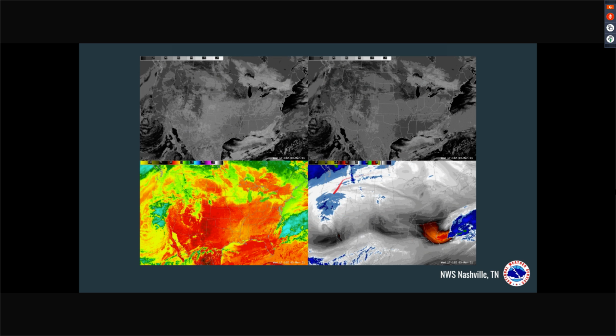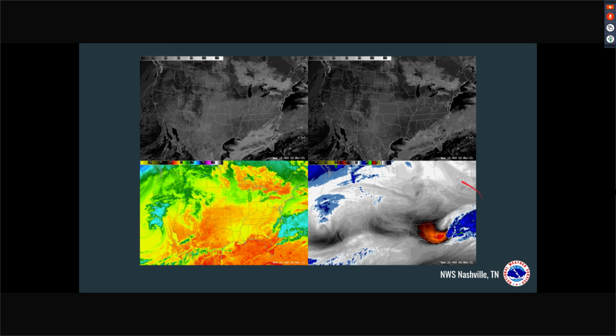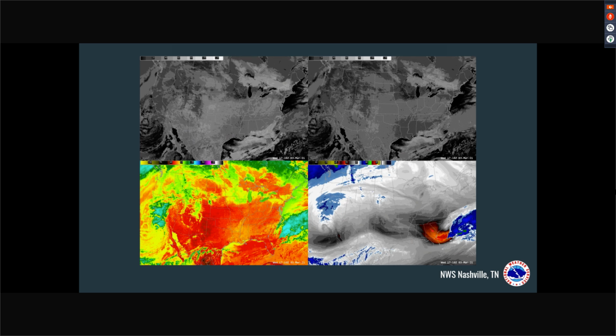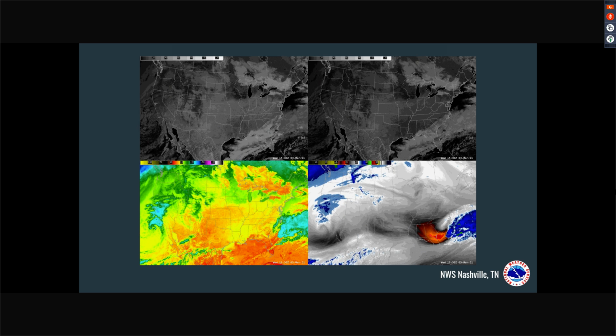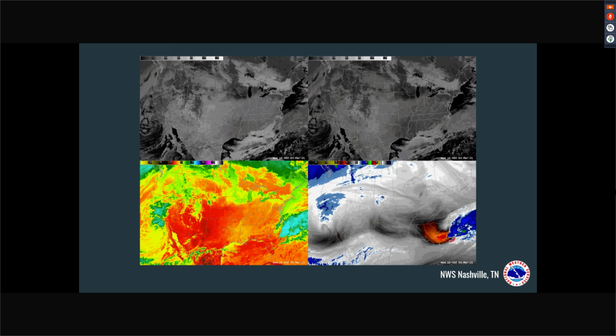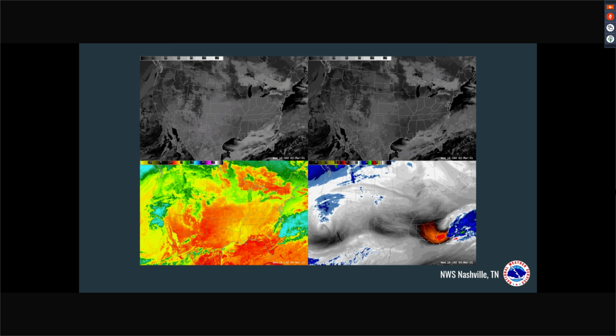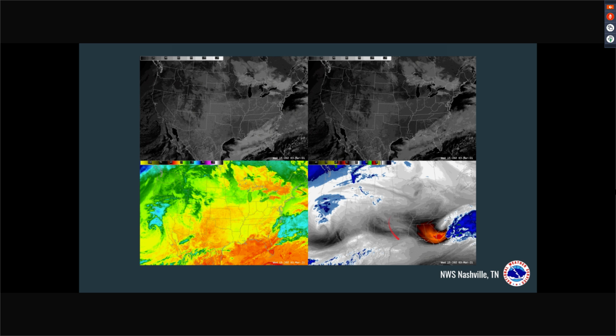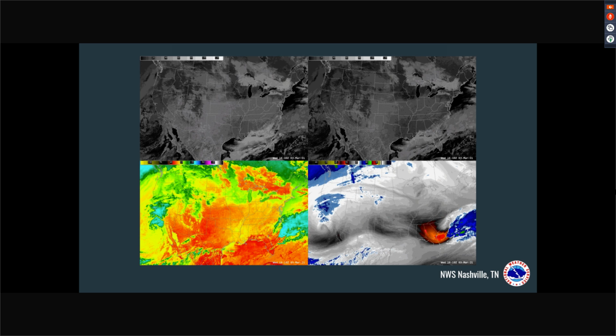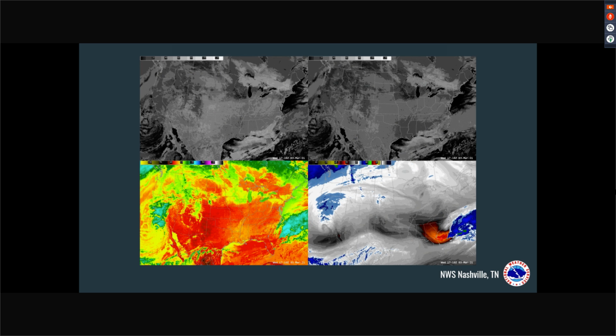This band over here, band 8, is our upper level water vapor. And so here we have dry air, these reds and blacks. And then we have more moisture in the greens and the blues, which, upper level water vapor, generally speaking, we don't see a lot of dry air in the upper levels. We do see more of it as you move down in levels.